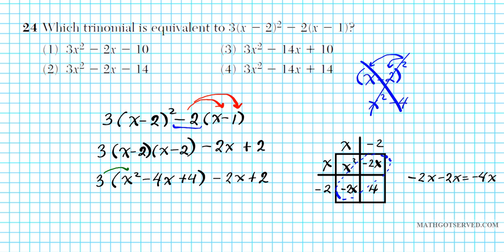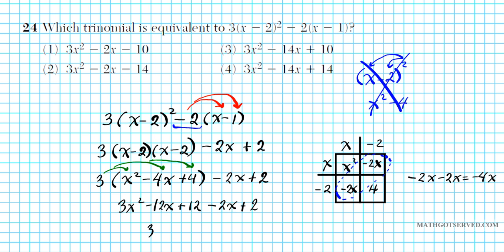Now let's go ahead and distribute this 3 across all the terms in the parentheses. Okay, that's what the distributive property is all about. You have to be fair. So we have 3x squared minus 12x plus 12 minus 2x plus 2.